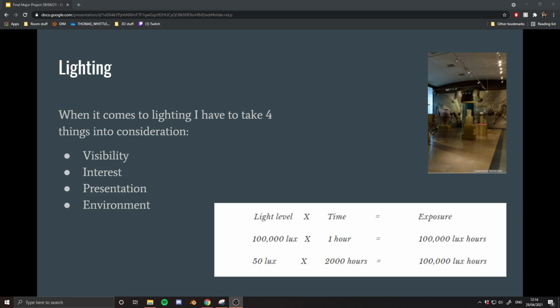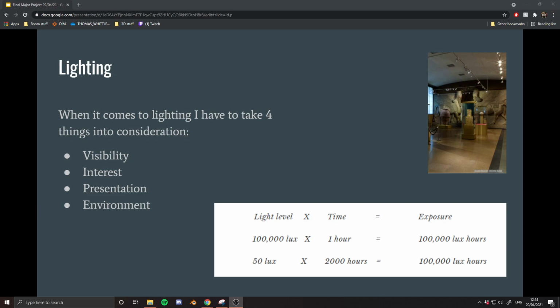If you look at the 100,000 lux hours, that is roughly how much an archaeological piece can last under certain light conditions before it starts to deteriorate. This is mainly looking at artwork, like paintings, but it will still apply to models. If I want to make this look as realistic as possible, the ideal lux would be 50, because then it can hold a piece for 2,000 hours.